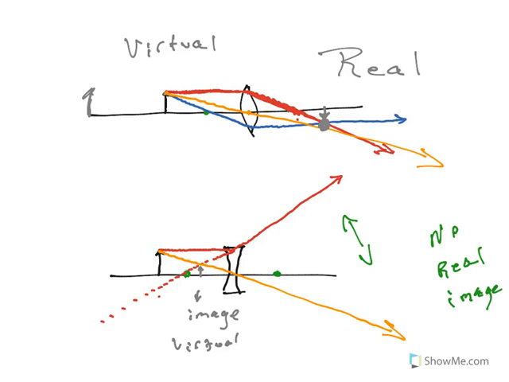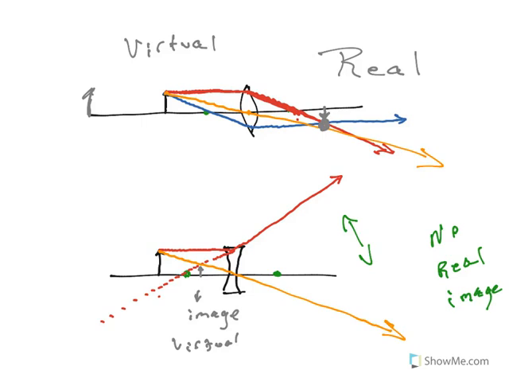The other main ray you're probably going to be doing is this yellow one, which is the ray that goes from the object through the center of the lens, where the principal axis is, and just keeps on going perfectly straight. Sometimes, like for the converging lens, you could do the blue line, which goes through the focal point, but you can't do that with the diverging lens. So remember these two lines, this red one and the yellow one. Those are the ones you're going to be doing all the time.